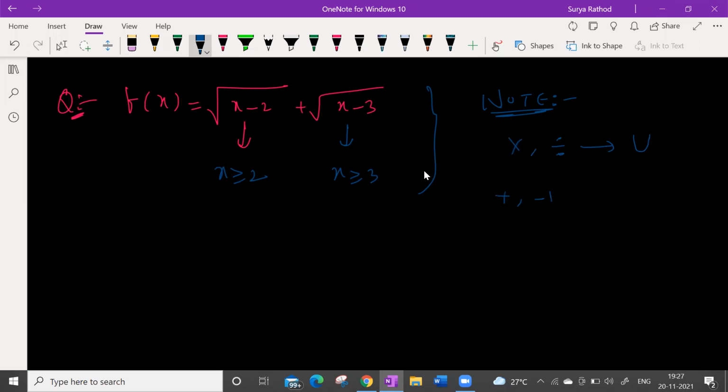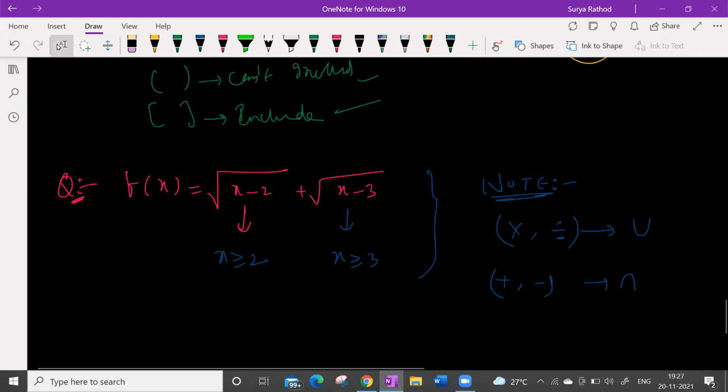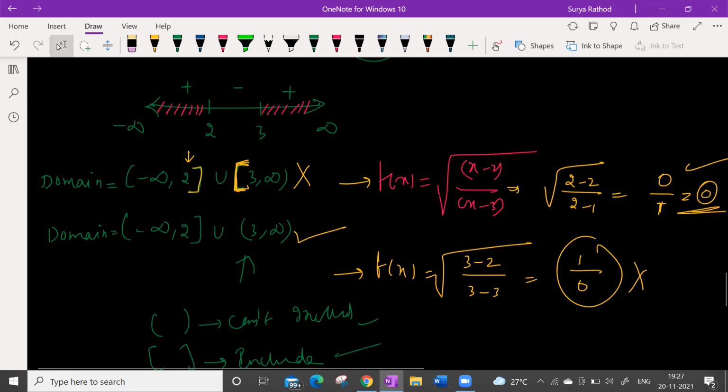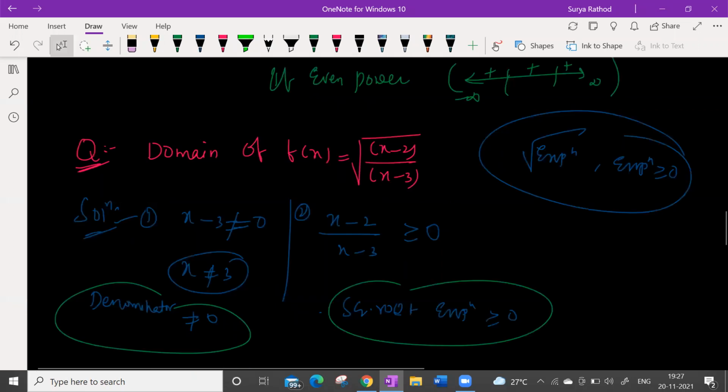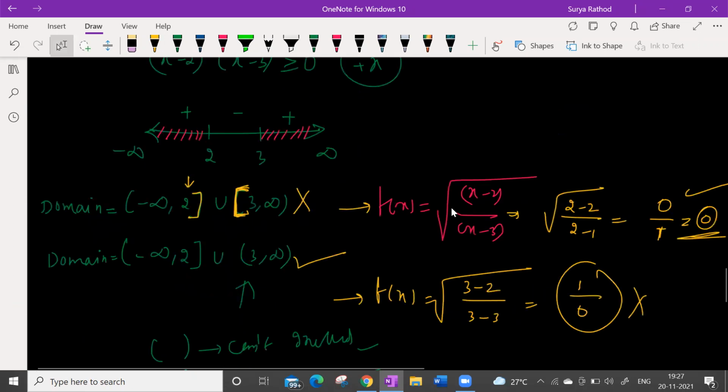For plus or minus, you will get intersection in between. Here I had division, which means I was including union. Yes or no? Clear?